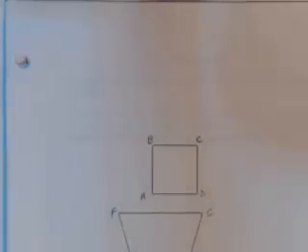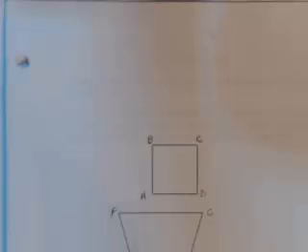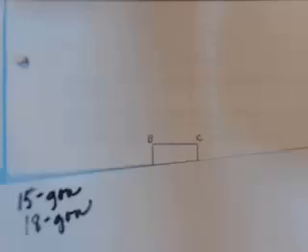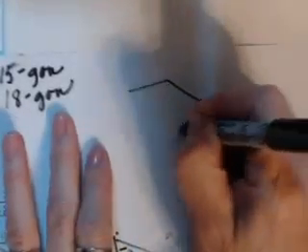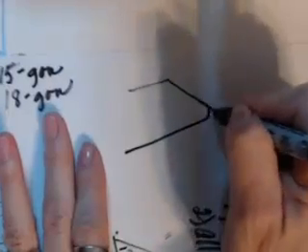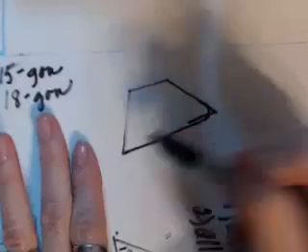Now, if we wanted to find out the number of degrees in a quadrilateral, whether it's a square, whether it is a trapezoid or a trapezium, any four-sided quadrilateral, I'm going to make a trapezoid.